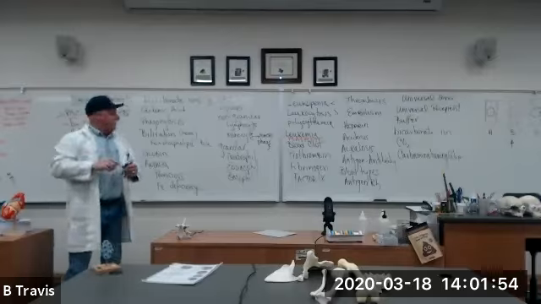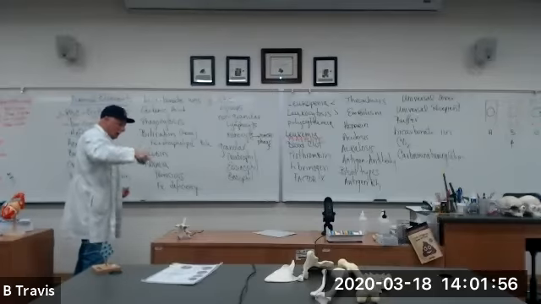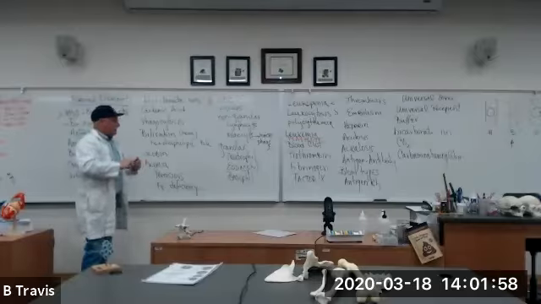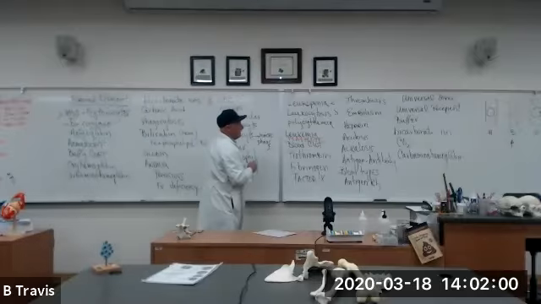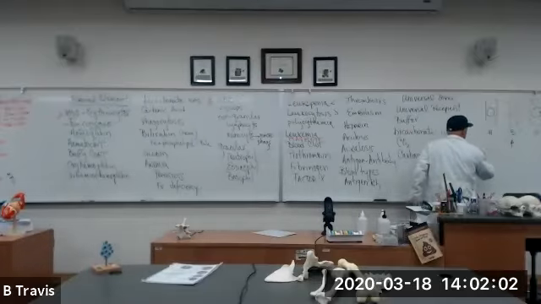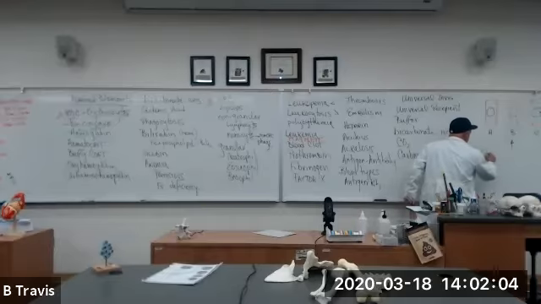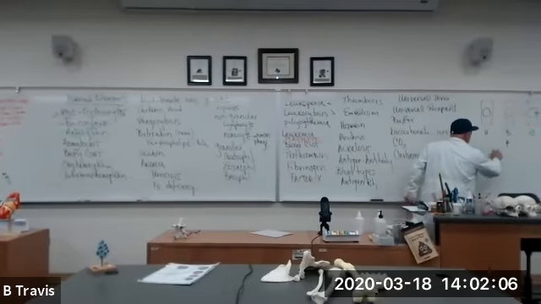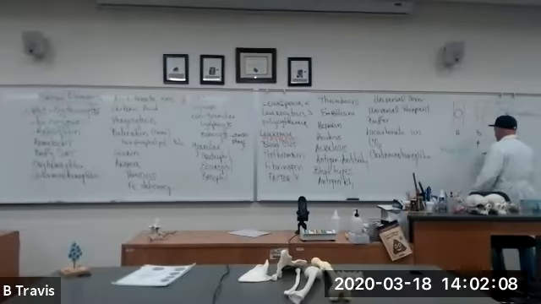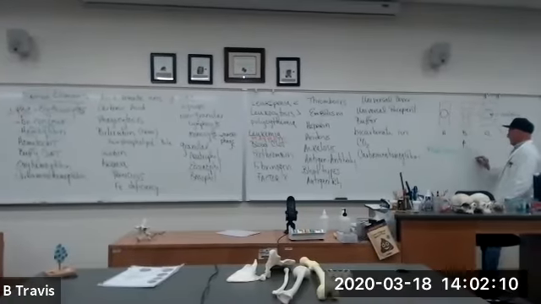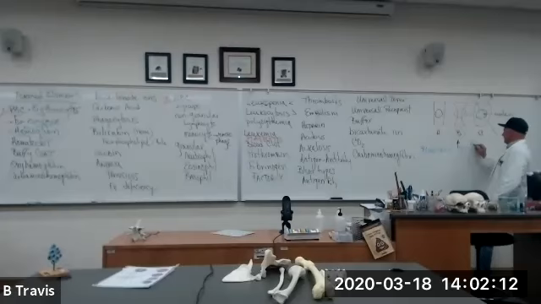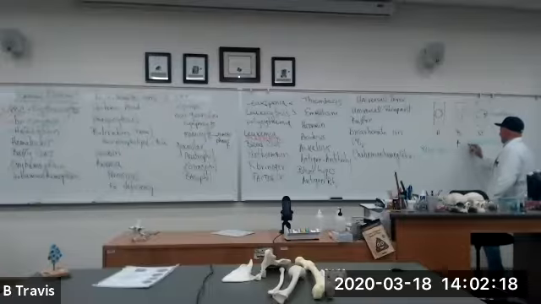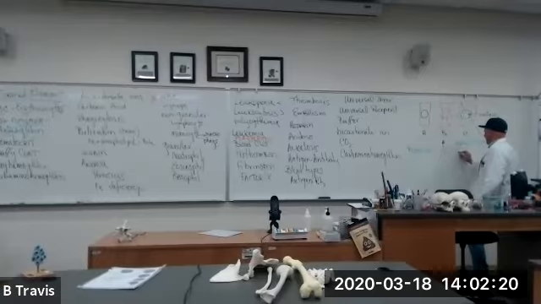So let me do it down here. We take blood and we spin it, centrifuge. We will get two components, formed elements and plasma.